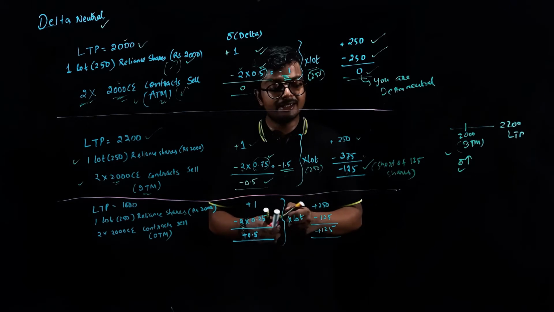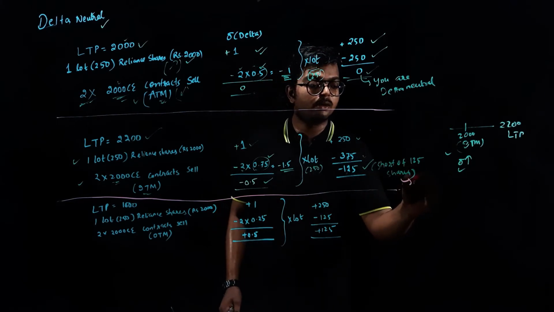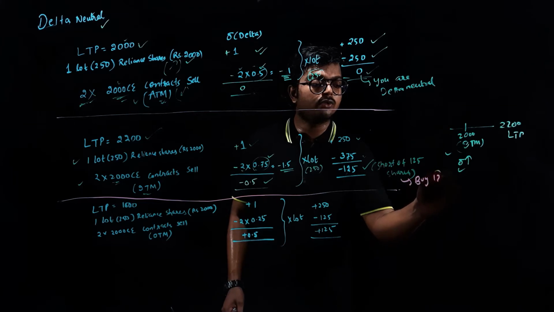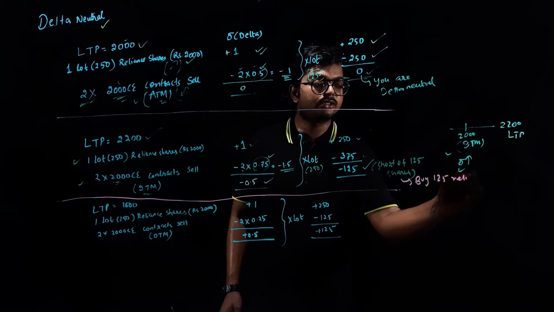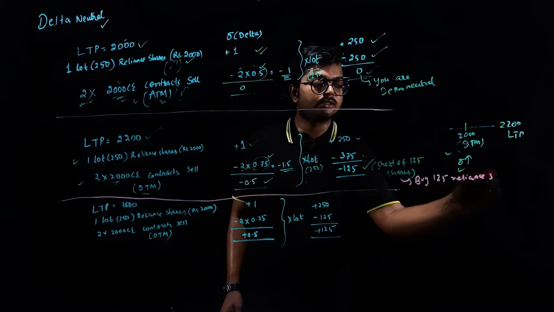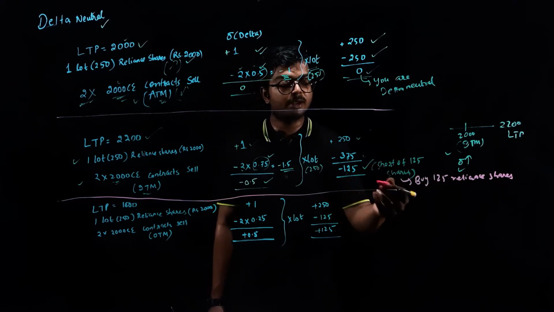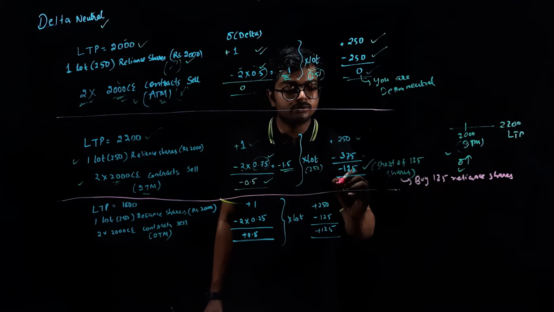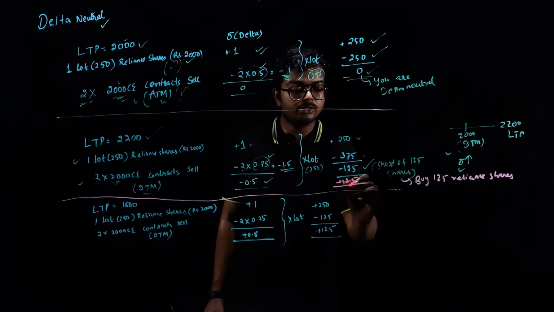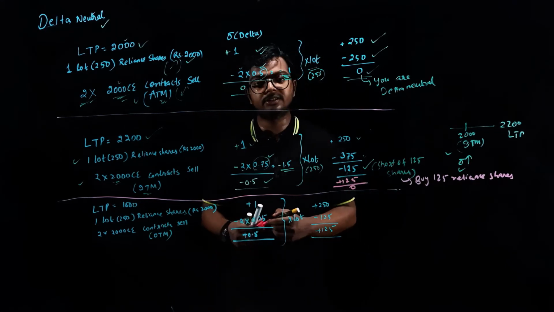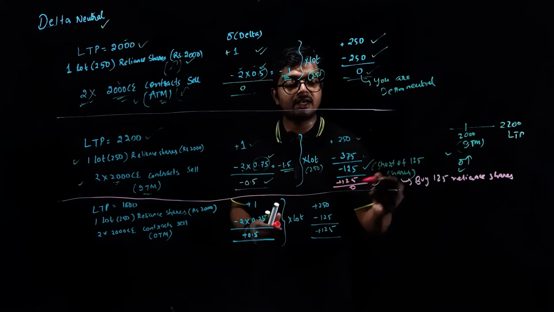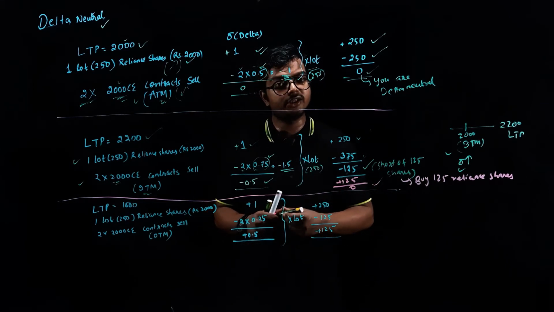In order to become delta neutral, you would buy 125 Reliance shares. Now if you buy 125 Reliance shares, this would become plus 125. Overall the delta would again become 0, right? So this is how you make it delta neutral.